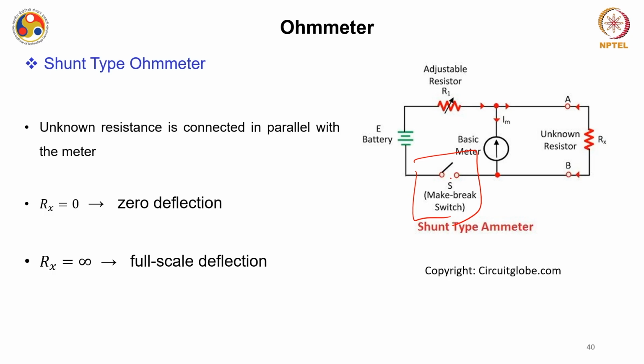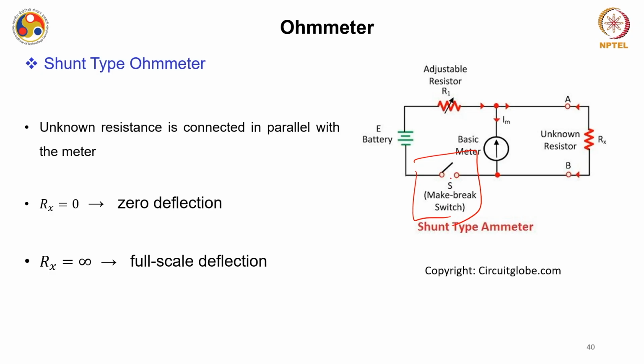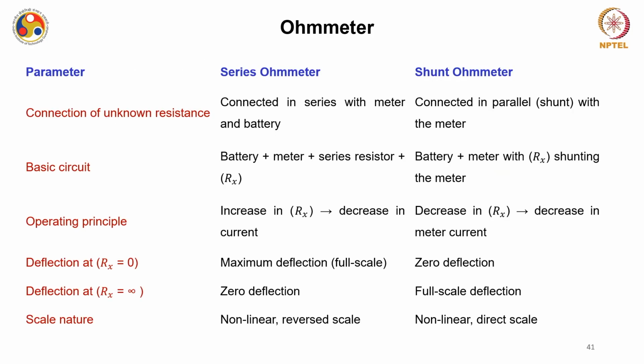We will not go into those discussions, because as I have just mentioned, we will take up this resistance meter in more detail in our upcoming classes. Please note that the connection of the unknown resistor and the basic meter or galvanometer is very crucial, and based on this only you can distinguish between the two different ohm meters, be it series or shunt.